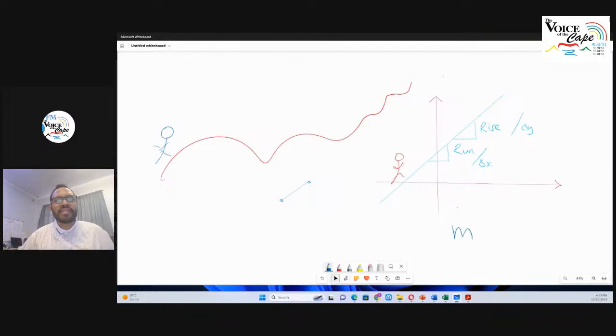Okay, now for a slope to be defined, we can look at the formula. We have m is equal to y2 minus y1 over x2 minus x1. Now we know what the y2 and y1 and x2 and x1 relates to, right? This relates to a set of coordinates. So let's say I've got a point A, which has got coordinates x1 and y1, and I've got point B, another point on the Cartesian plane with x2 and y2.